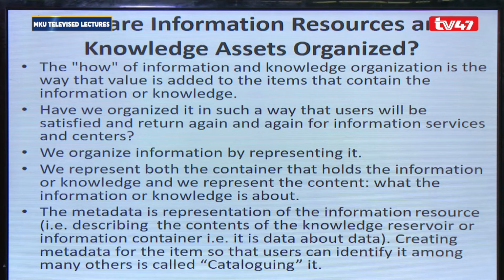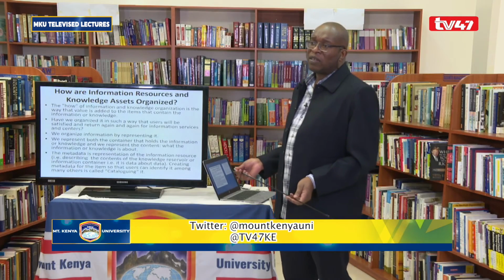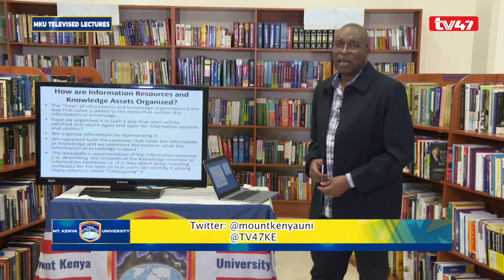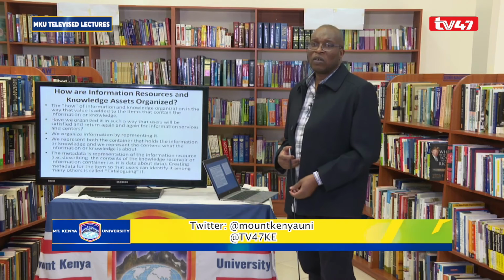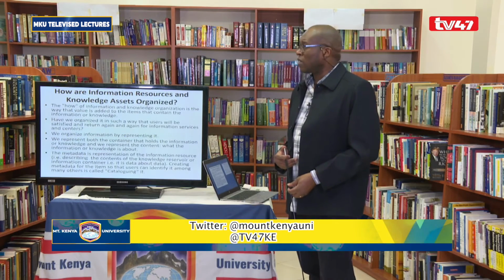Now, metadata is used to represent the attributes about an information resource. Metadata is a description of an item. For example, a book has an author, a title, a publisher, year of publication, a place of publication, and so on. All those are attributes of the book, and they can be used to describe it.